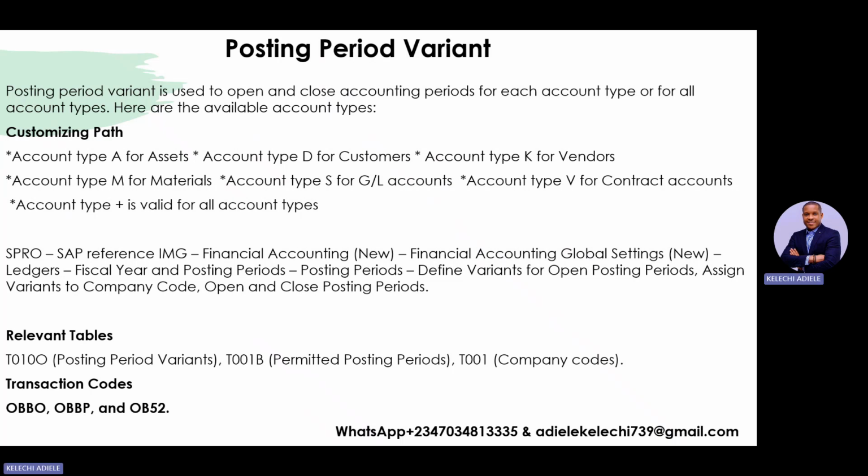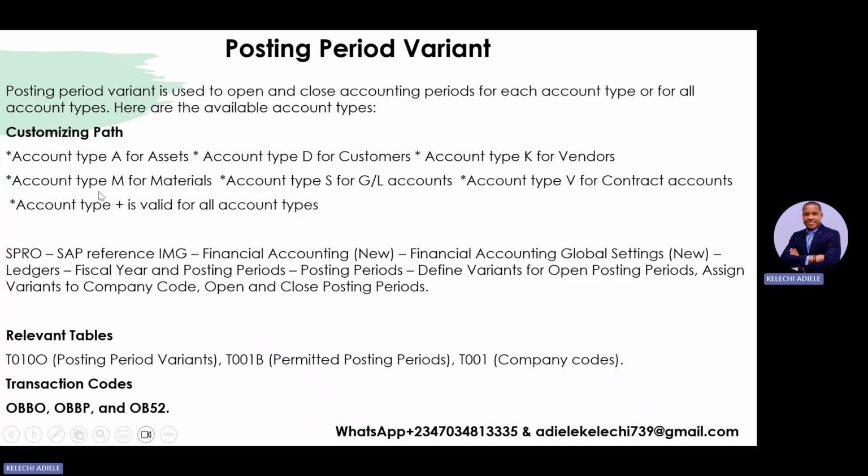Now, there are keys for the different kinds of account types that are affected by your posting period control. We have type A that talks about assets. We have type D that talks about customers. We have type K that talks about vendors.